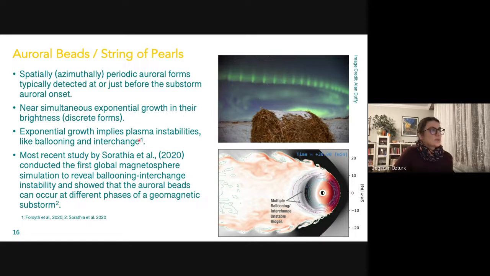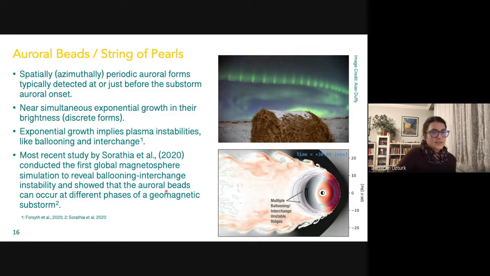And this is associated with plasma instabilities like ballooning instability or interchange instability. And it was thought that this type of aurora occurred before substorm onset, kind of like an indicator of substorm onset. But a recent study by Sorathia et al., using GAMERA simulations, were able to get really high resolution simulations with this MHD model.